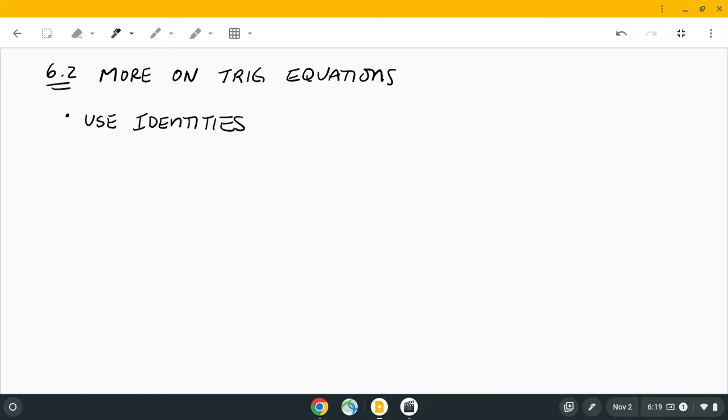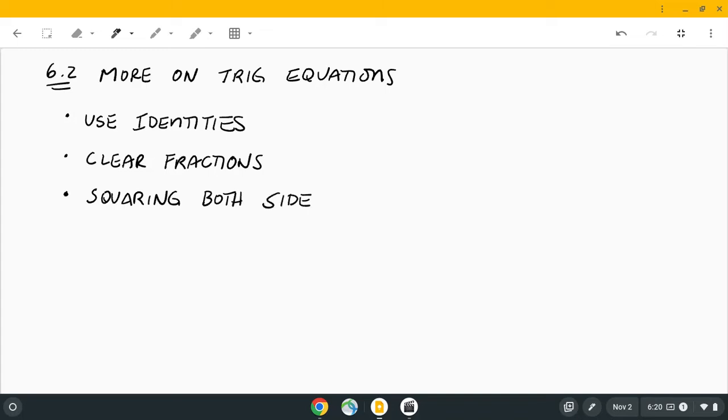So you might have to convert parts of the equation into something else to make the equation easier to solve. We might have fractions, so we are going to clear our fractions. We might not have anything to work with, and so squaring both sides might actually make it easier for us to solve. Okay, so we're going to take a look at using all three of these.